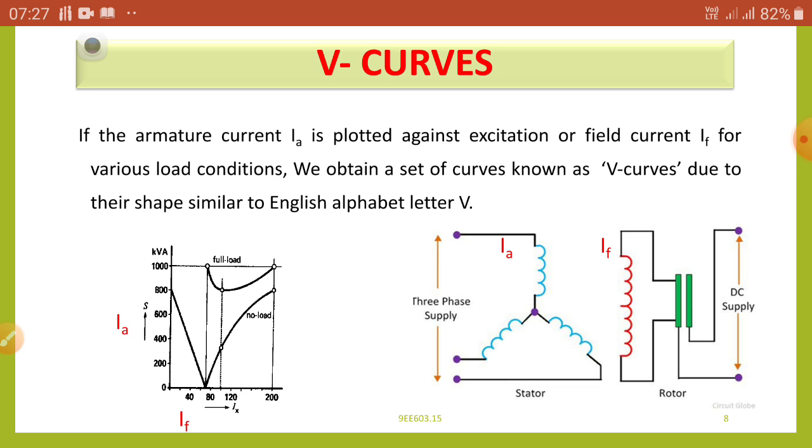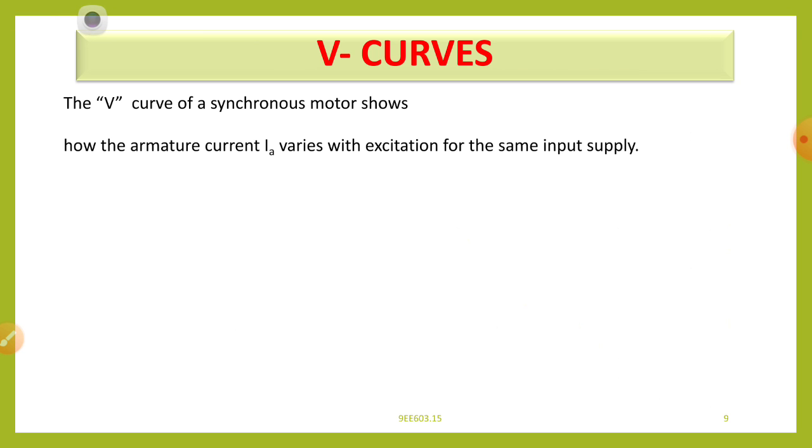Now, based on the readings taken, we are going to draw the curves. What we have observed, the V curves of a synchronous motor, shows how the armature current IA varies with excitation for the same input supply.